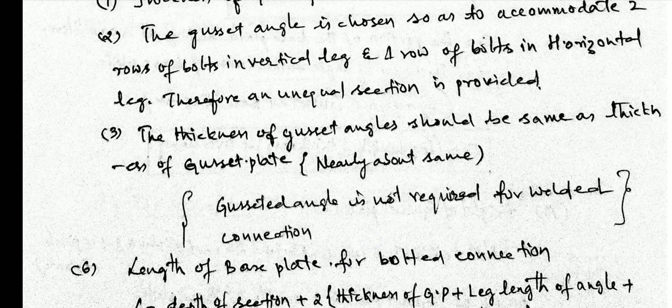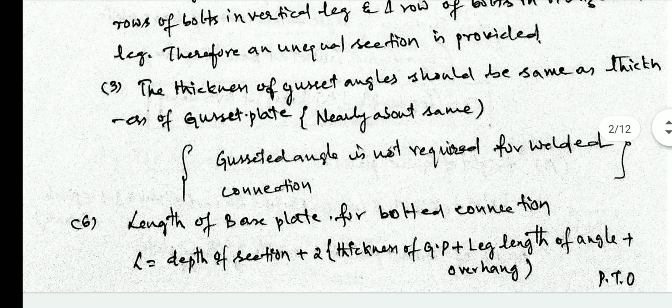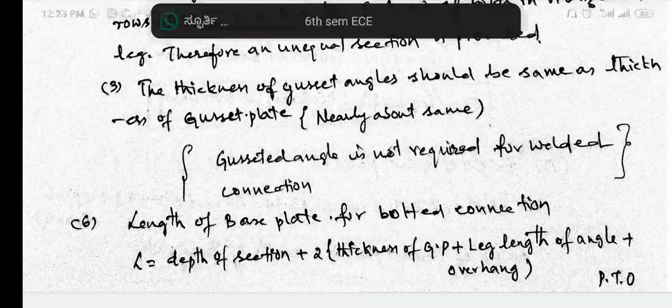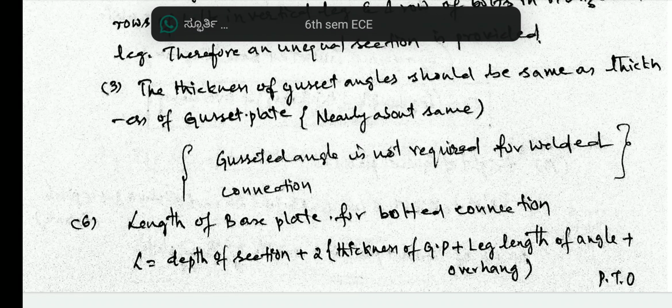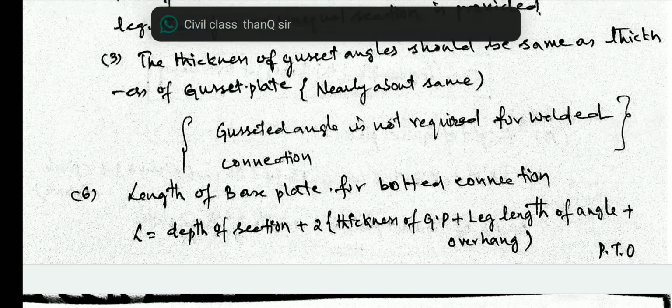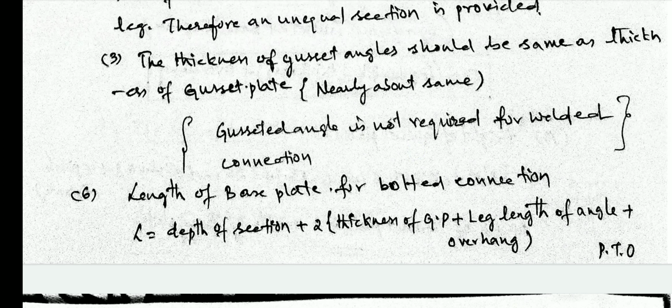Now the thickness of the gusseted angle should be the same as the thickness of the gusseted plate. It means that if you have taken 16 mm, the gusseted angle thickness should also be 16 mm. But it is very difficult to get exactly 16 mm, because when you go to the steel table according to the requirements of long leg and short leg, it is difficult.